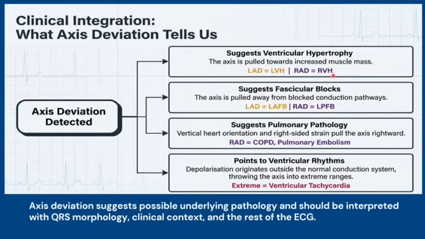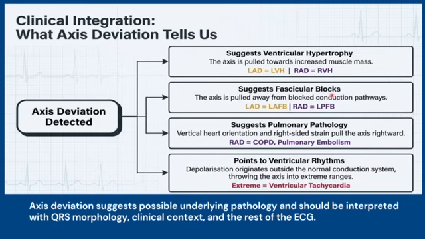Also, in fascicular blocks, you know that the left bundle is divided into anterior fascicle and posterior fascicle. So left anterior fascicular block gives left axis deviation, and left posterior fascicular block gives right axis deviation.